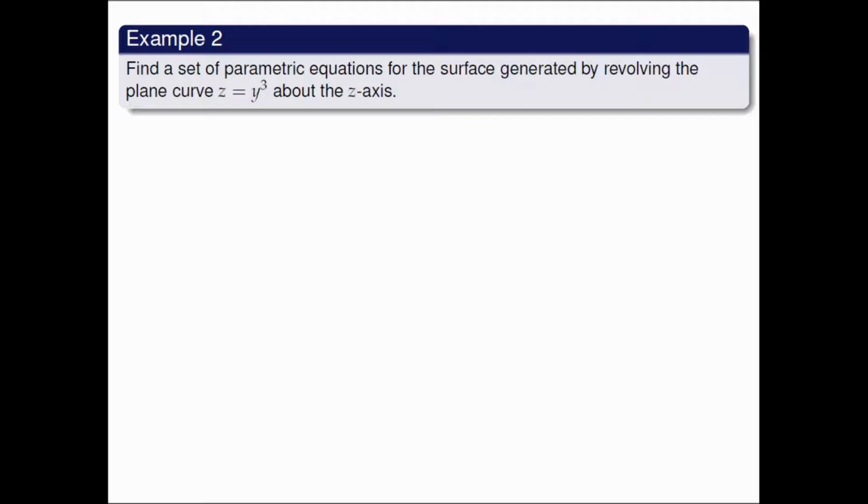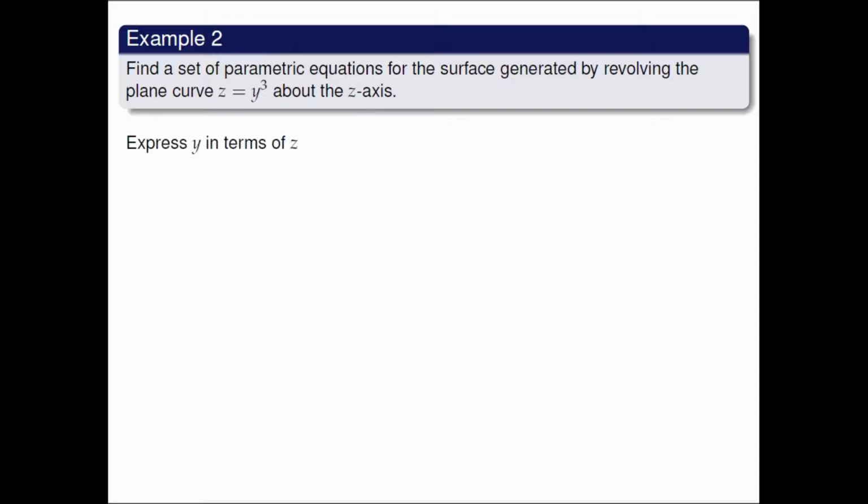If we write the equation of the plane curve in the form z equals f of y, then the variable inside f, the y, is different from the variable of the axis, which is z. So we have to express the equation of the plane curve in the form y equals f of z, so that the variable inside f will be the same as the variable in the axis, which is z.